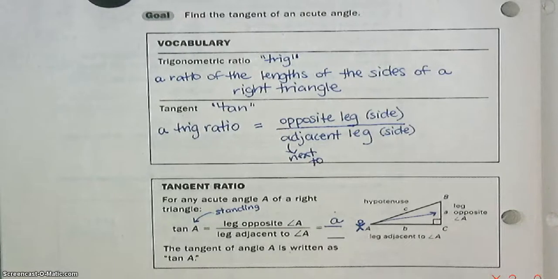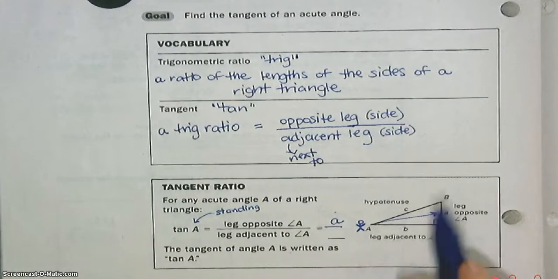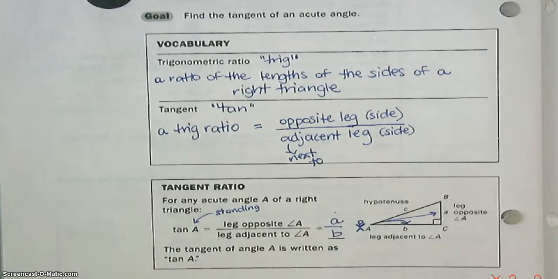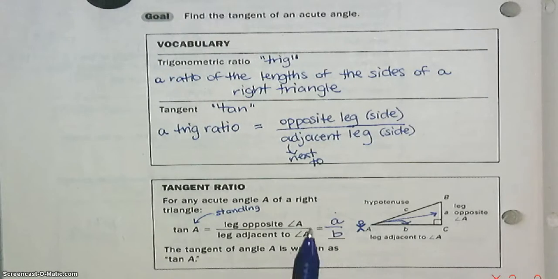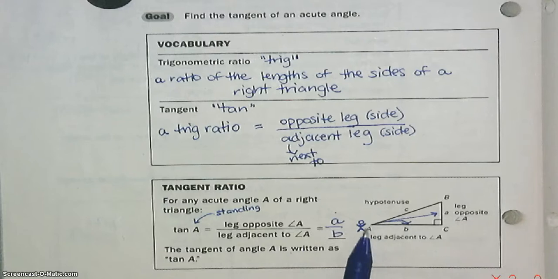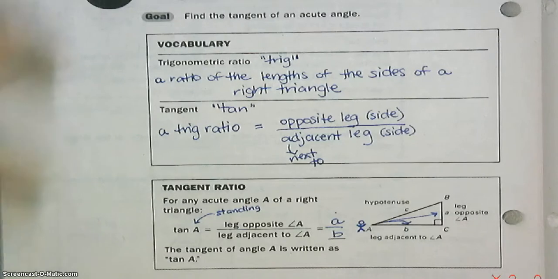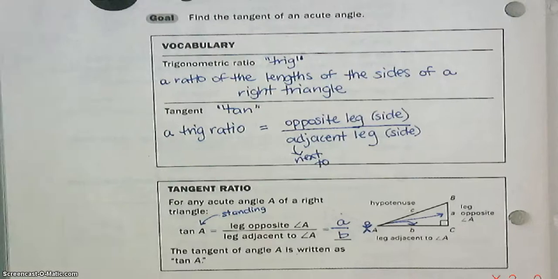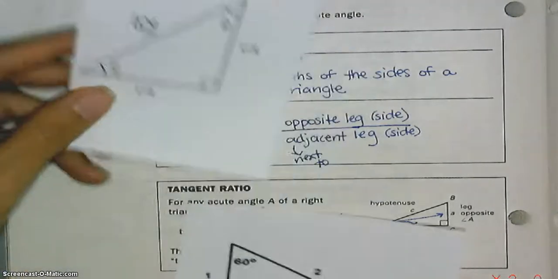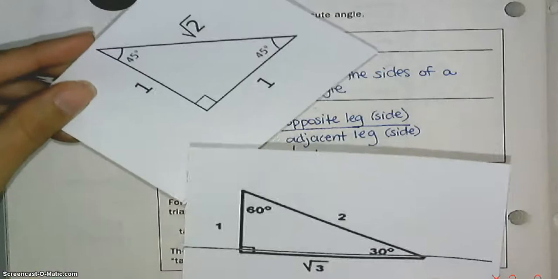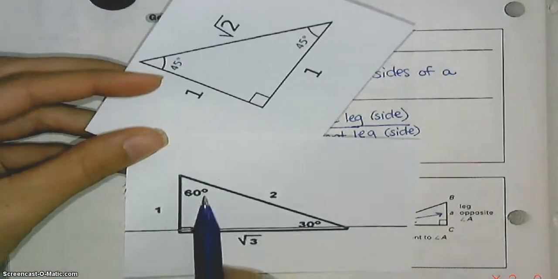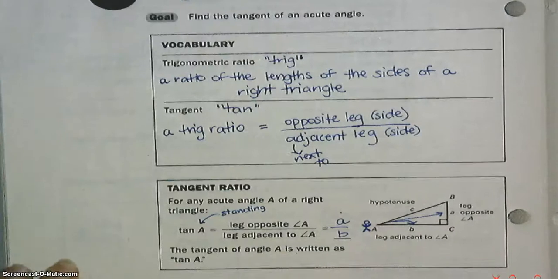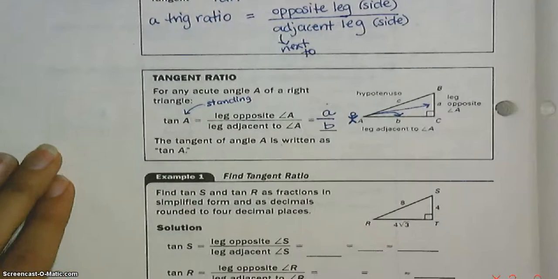And adjacent to us, it has to be a leg, it can't be the hypotenuse, next to us is little b. So that is the tangent of angle A. You might be wondering, why are we using this? We're using this because we're not always going to have these triangles. Some triangles have 62 degrees in this corner, and then this won't work. So we'll continue finding the tangent ratio, and I'll show you how we can apply it.